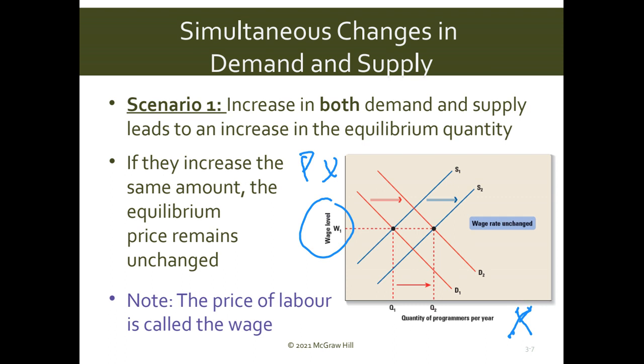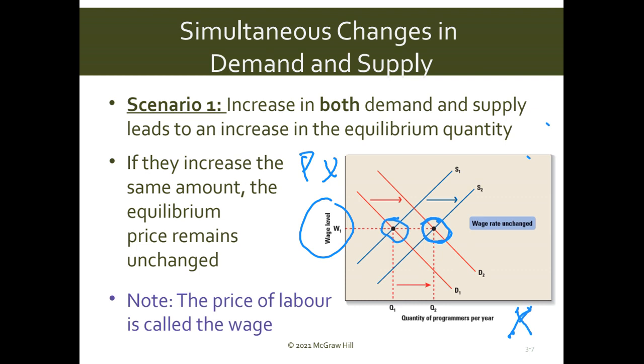Okay. Now in this diagram, you can see that the initial equilibrium was the intersection of S1 and D1 curve. If you see, this is the initial equilibrium point. And when both curves shift rightward, the new equilibrium will be at this point, which is the intersection of both new demand and new supply curve, that is D2 curve and S2 curve.